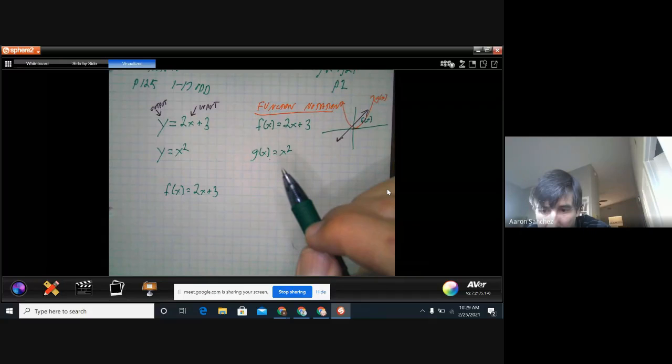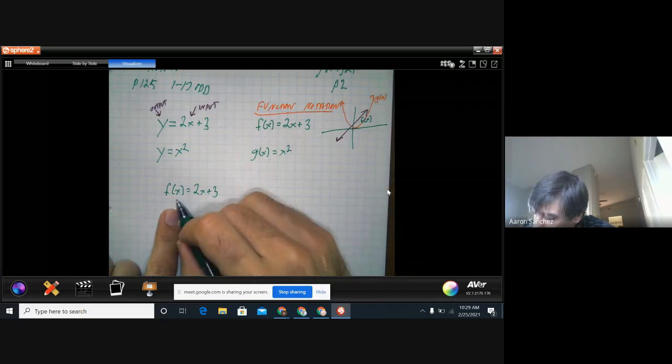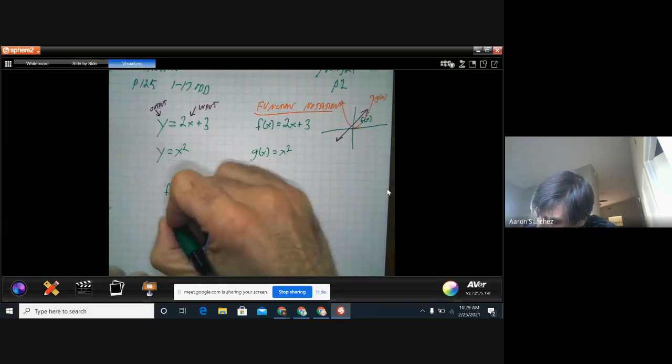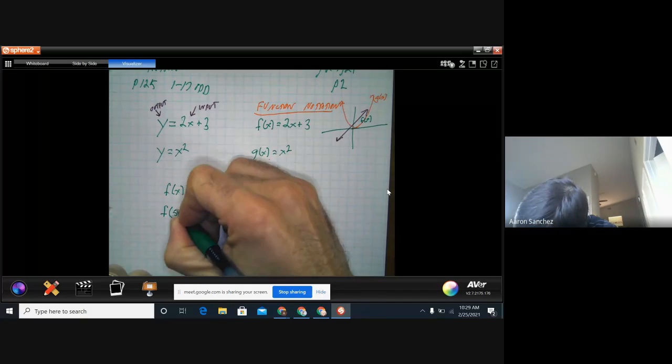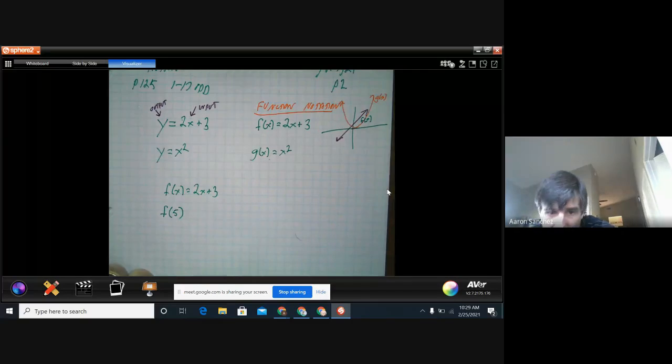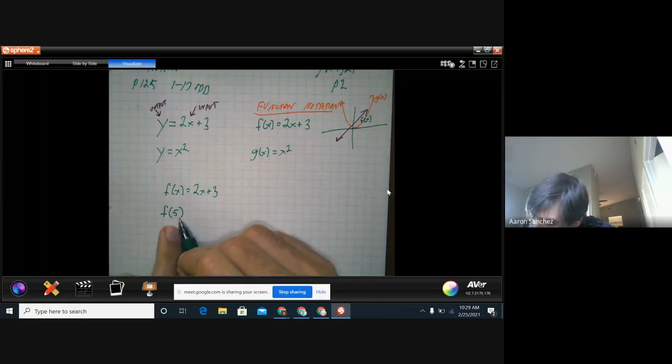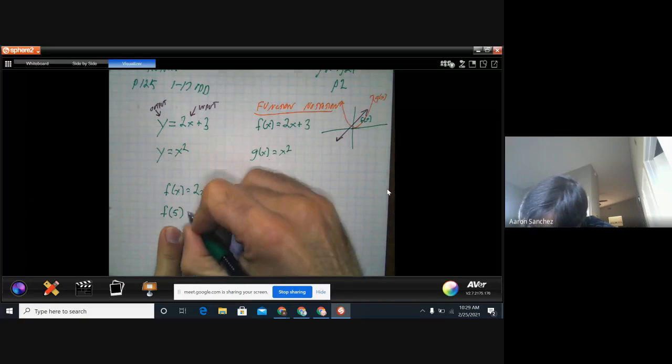Yes. Okay, cool. So instead of saying f of x equals 2x plus 3, I can write f of 5. Instead of an x, I can put a 5 in there. Function notation lets us do that. What is that telling me to do? It tells me to replace my x with 5.